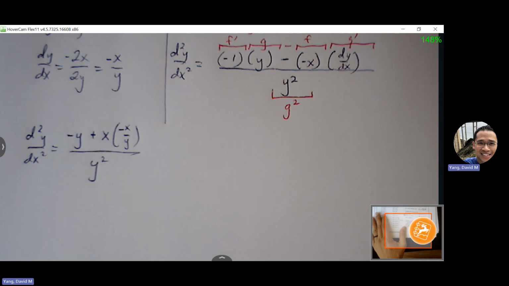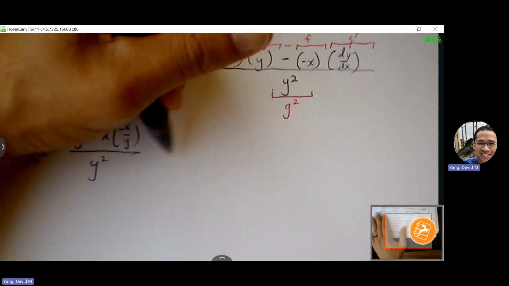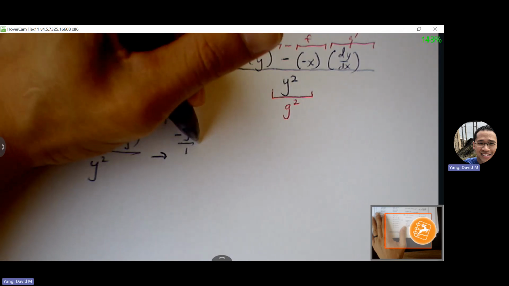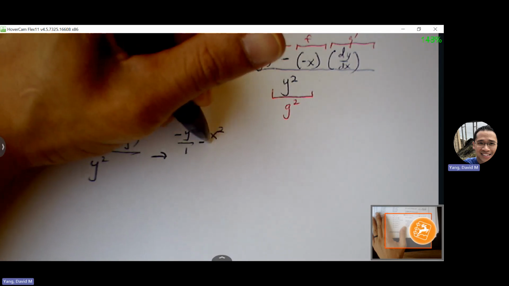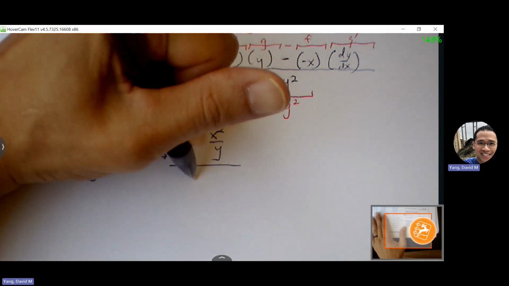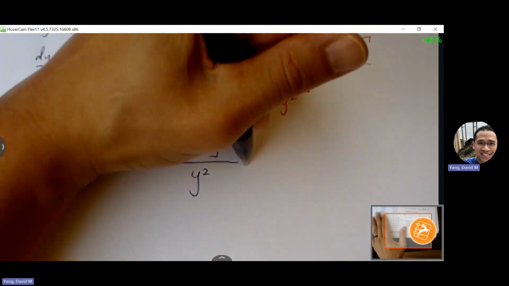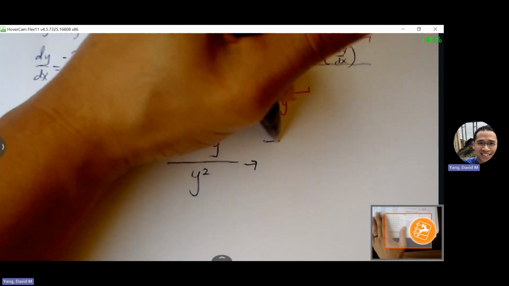We're going to find a common denominator and condense with that denominator. So I'm going to write this as negative y over 1 minus x squared over y, all over 1 squared. Now, we know the numerator can merge once we get common denominators. So I'm going to get common denominator as y.